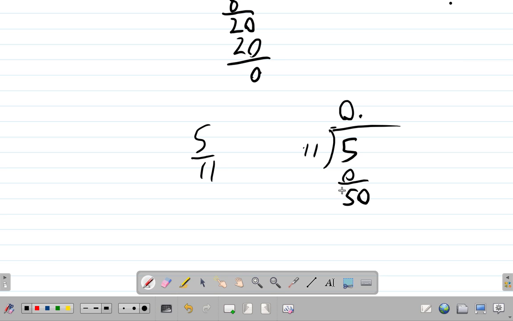11 into 50 is 4. 4 times 11 is 44. 50 minus 44 is 6. You see that. Multiply by 10.